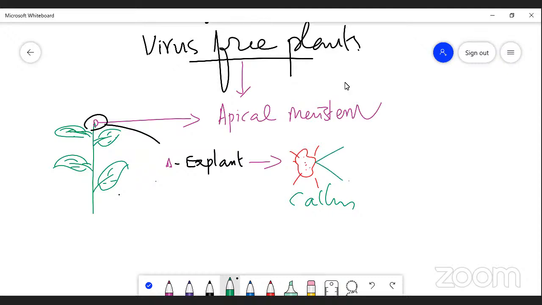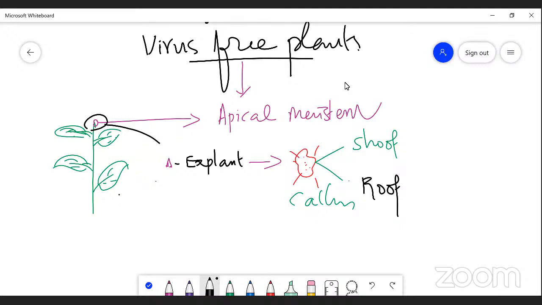This callus, as I said, is an unorganized mass of tissue. It is able to develop both the shoot system and the root system.